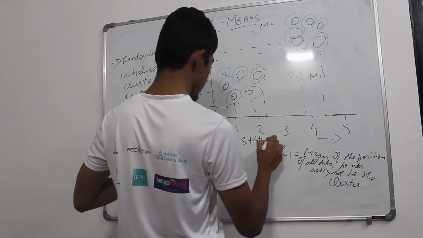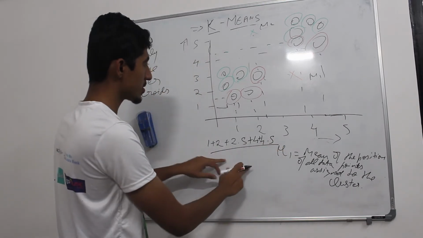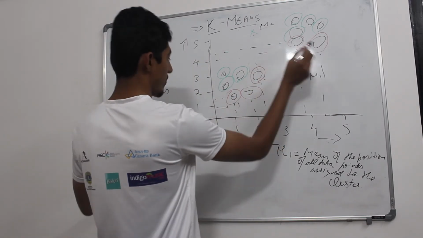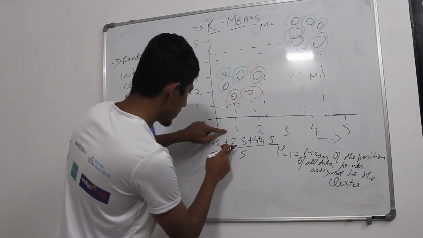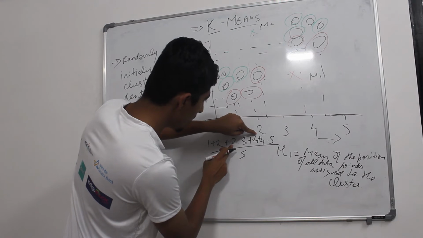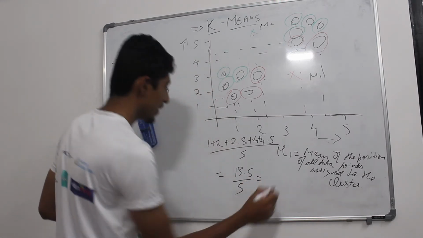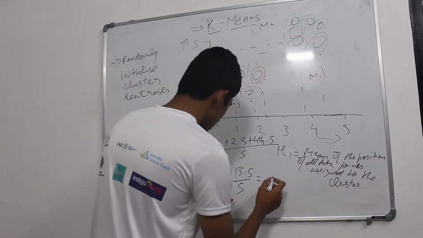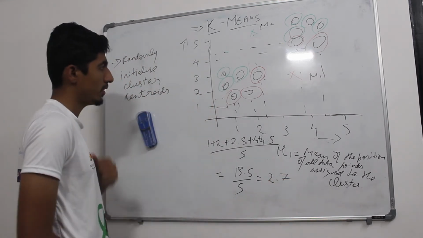We take the mean of all these numbers. How many do we have? 1, 2, 3, 4, 5. So we have 1 plus 2, 3, 5.5, 9.5, 14, divided by 5. So our value would be somewhere around 2.7.